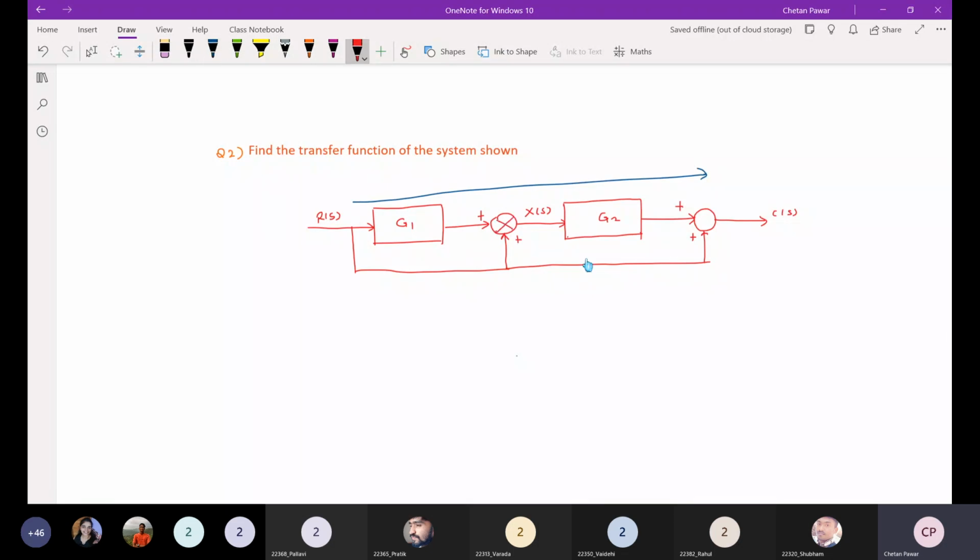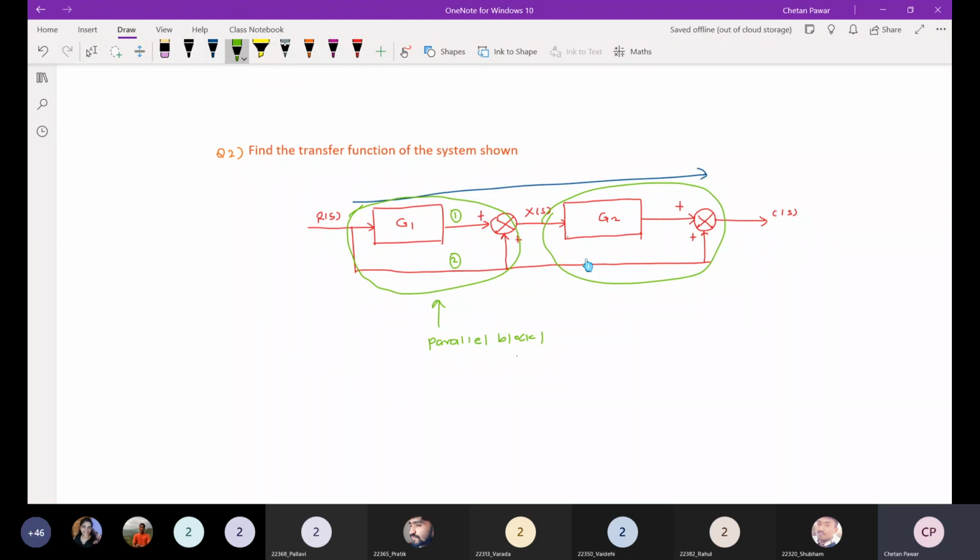Okay? Now here, if we see this, there are these two parallel blocks. So this is parallel block 1. Right? And this is parallel block 2. Parallel blocks, okay? So this is the first parallel block, this is the second one.